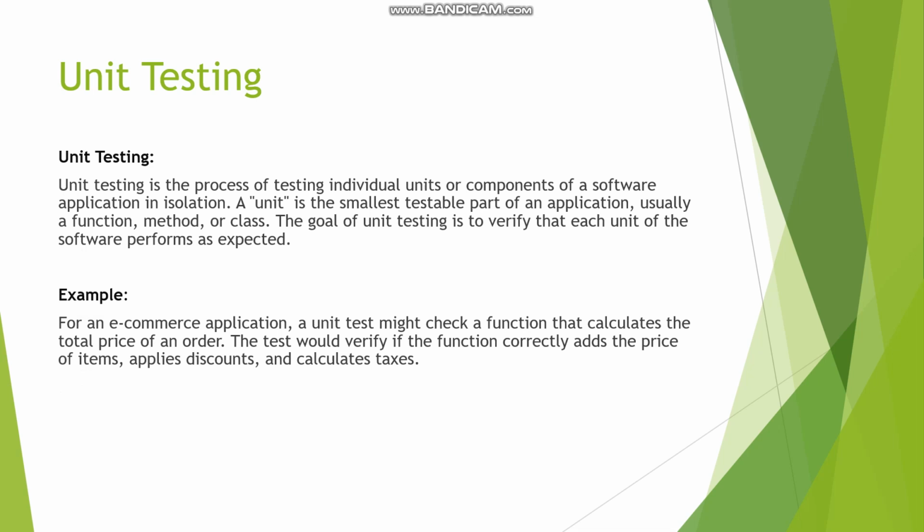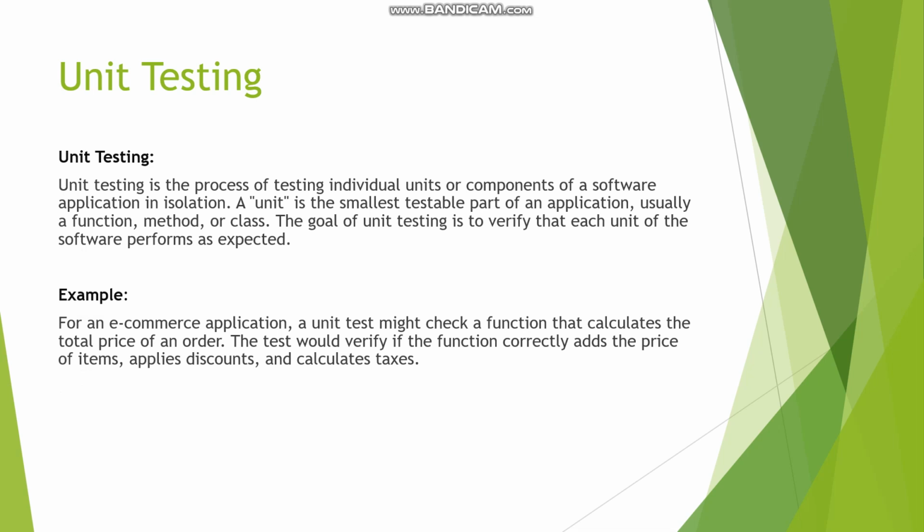Now unit testing, low level testing. Unit testing is the process of testing individual units or components of a software application in isolation. A unit is the smallest testable part of an application, usually a function, method, or a class. The goal of unit testing is to verify that each unit of the software performs as expected. Unit testing is nothing but code testing.